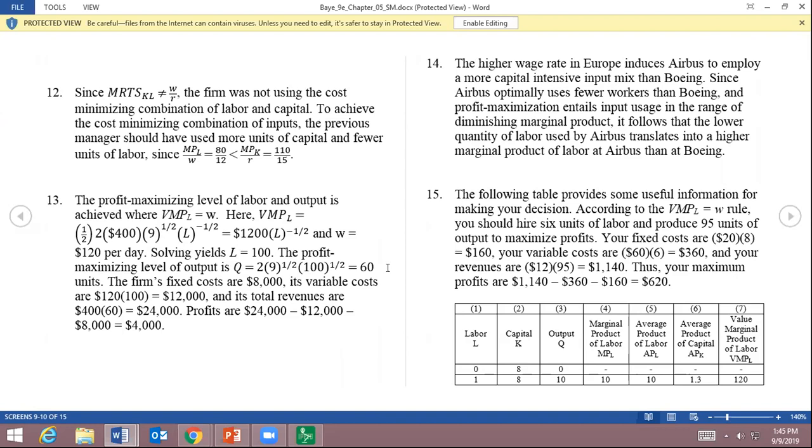We just need the units, not necessarily the price of capital. We're solving for L. That's the thing we're trying to solve.